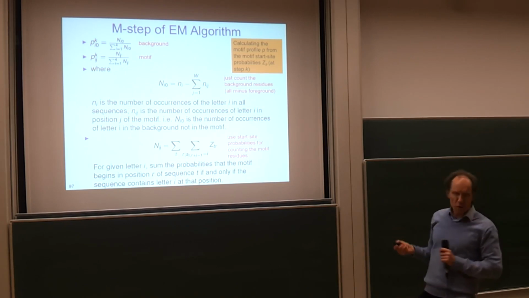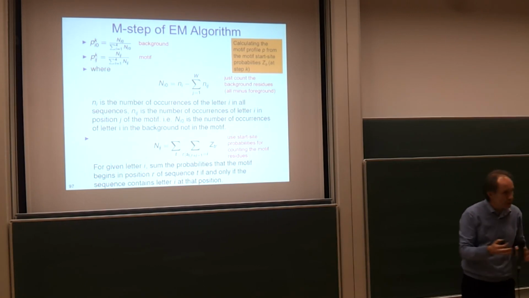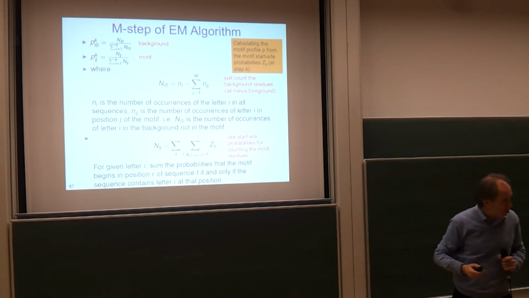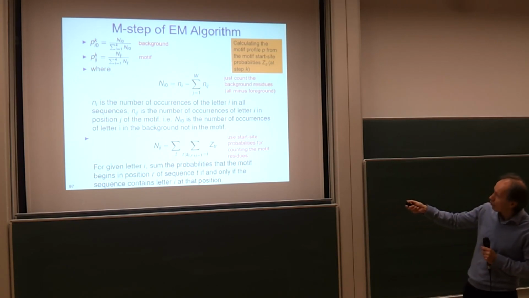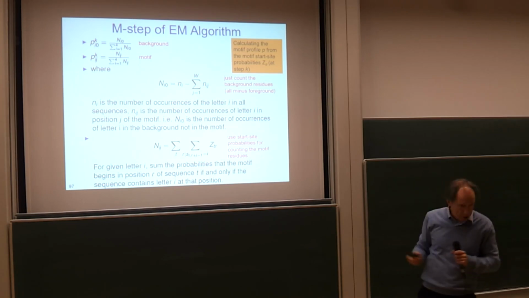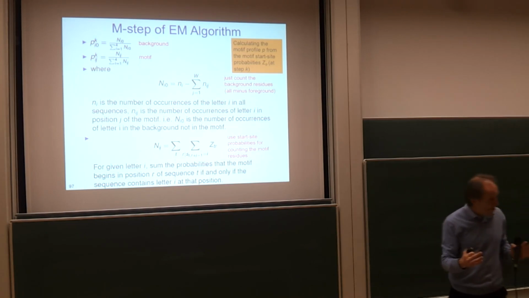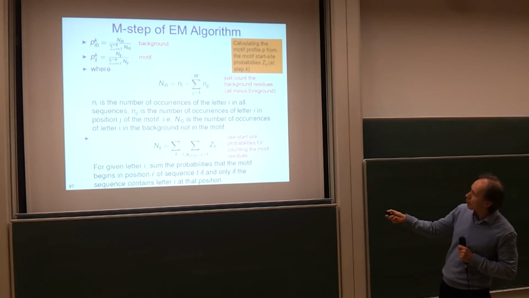This looks a bit complicated again, but it's basically how we build a profile when we have the probabilities of these start sites, of where the motif starts in the sequence. Again, there are quite a lot of positions that will be background positions, where the motif doesn't land, and the foreground where the motif will land in any of these sequences.